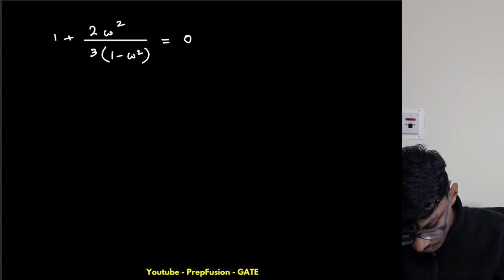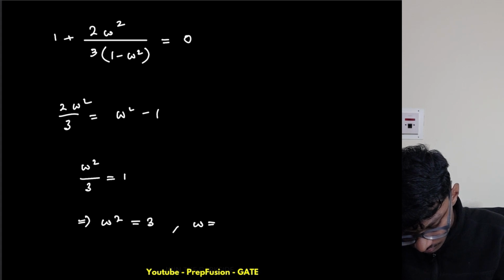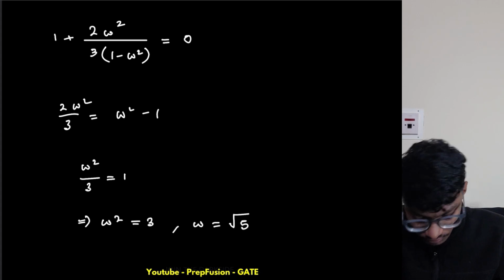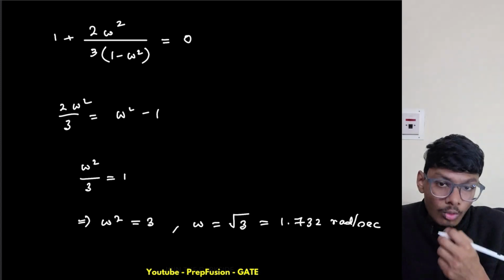So omega square 2 by 3 equals to omega square minus 1. So omega square, and under 3, okay, which is 1.732 radian per second.